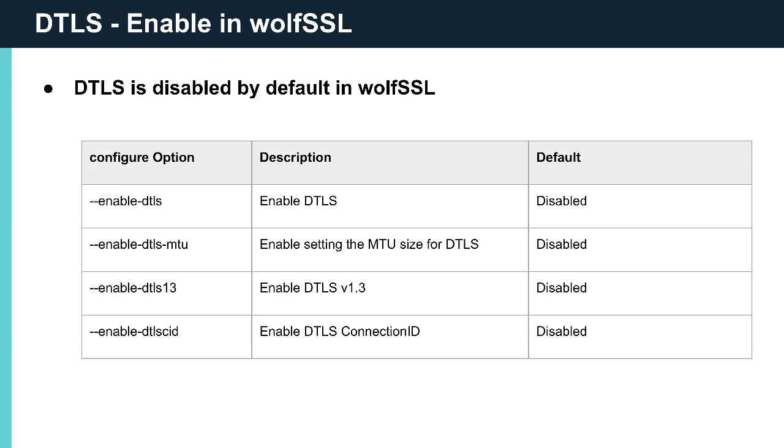By default, that's going to be the TLS record size, which is 2 to the 14 bytes. You can enable DTLS 1.3 by doing enable-dtls13. And DTLS 1.3 has a connection ID. Typically, connections are associated with the IP and host combination, but if that's not available in some use cases, there's a new connection ID that can be used.